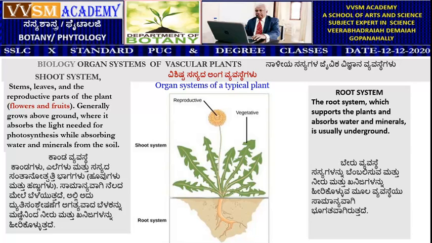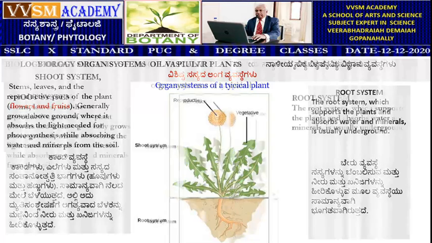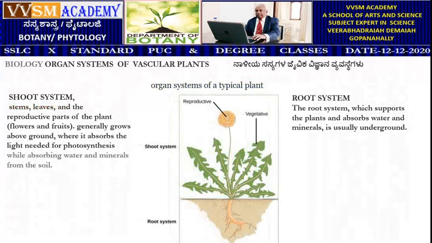The important tissues like phloem and xylem are responsible for the function of the plant or a tree. Phloem and xylem are responsible for taking minerals, salts and water. It conducts from the roots to the shoot system. Shoot system and the root system are the important organs in the vascular plants.